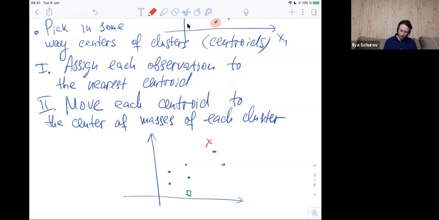And then after the first step, something like this. And after the first step, I will do the following assignment.